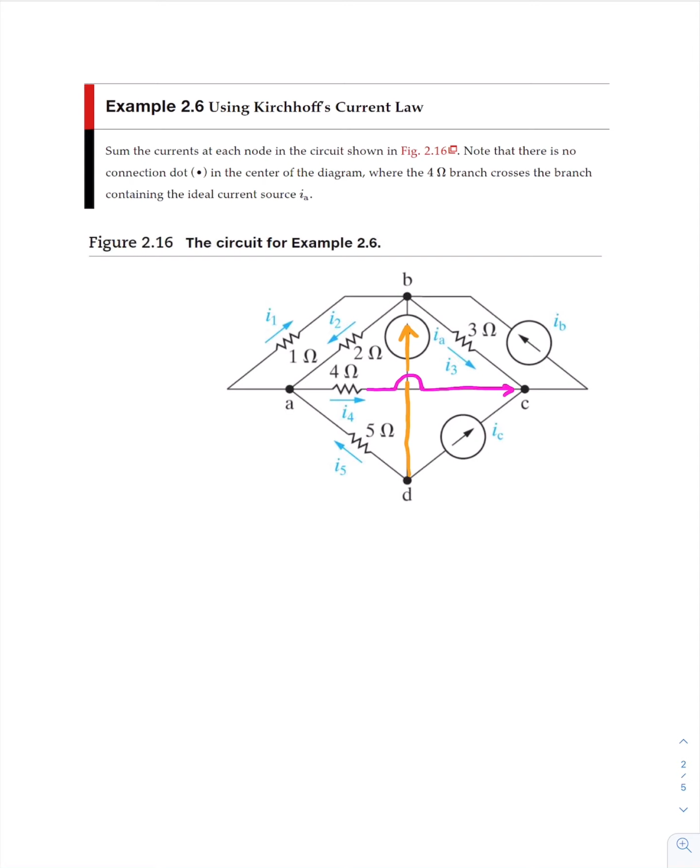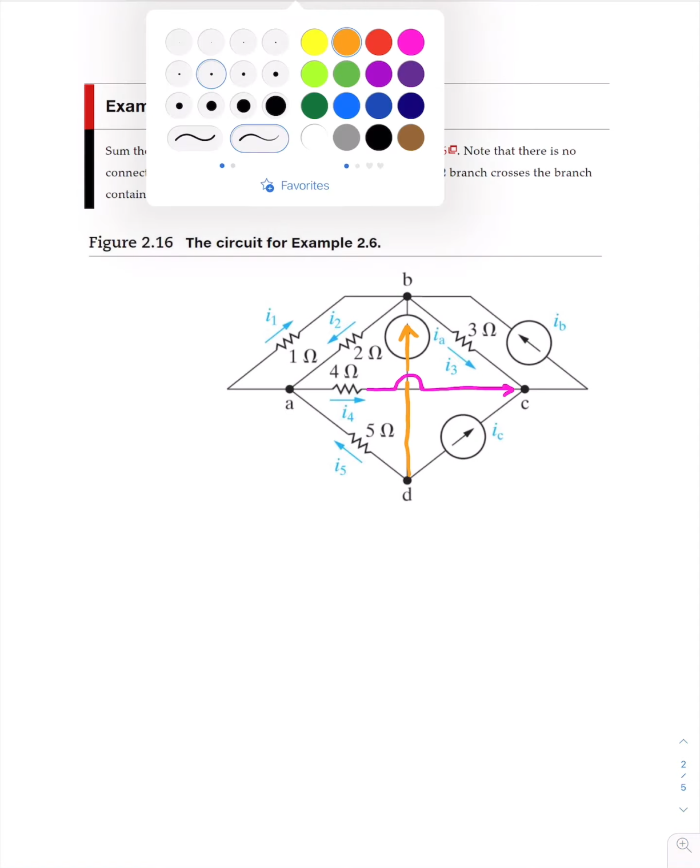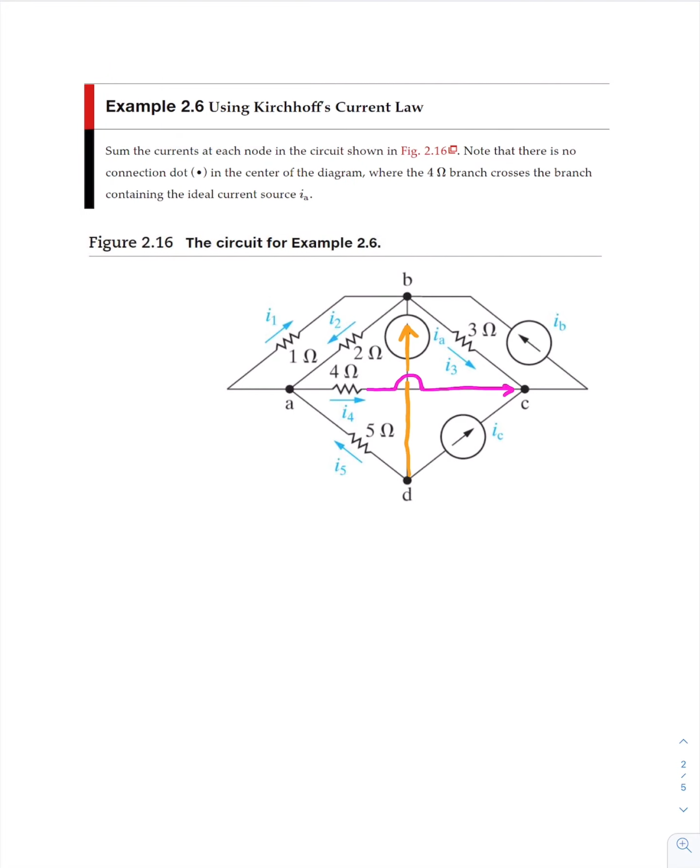Okay, so let's start with Kirchhoff's current law. Let's start with red. So let's perform KCL at node A. All right, and with Kirchhoff's current law, I like to do the sum of currents in is equal to the sum of currents out.